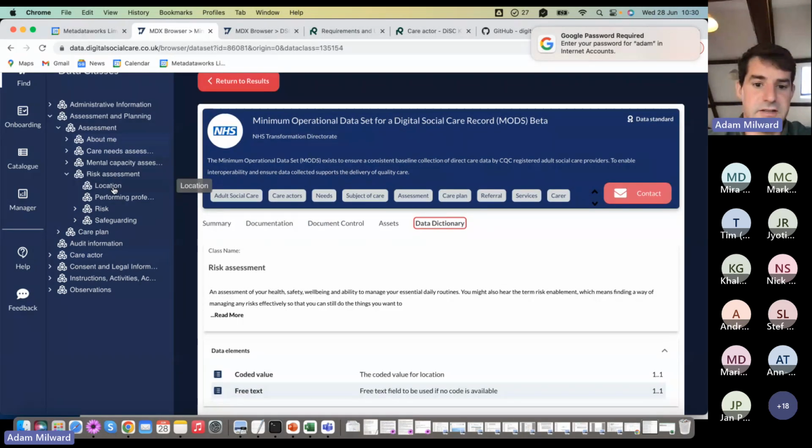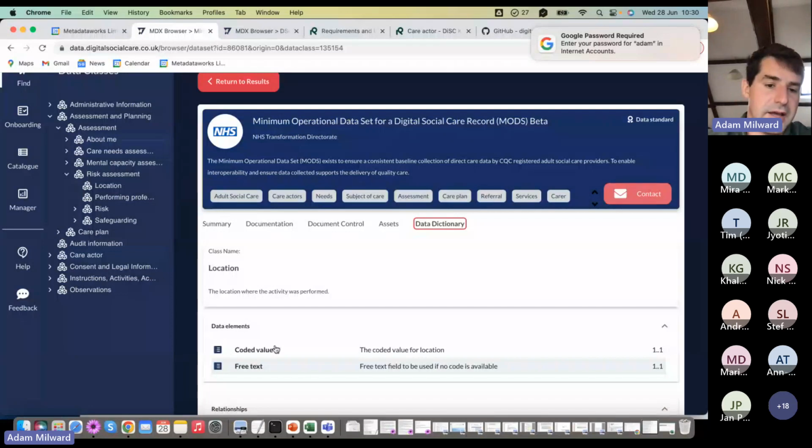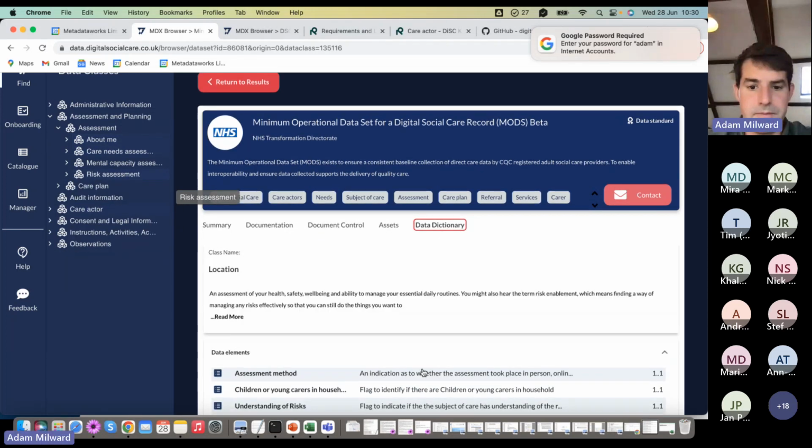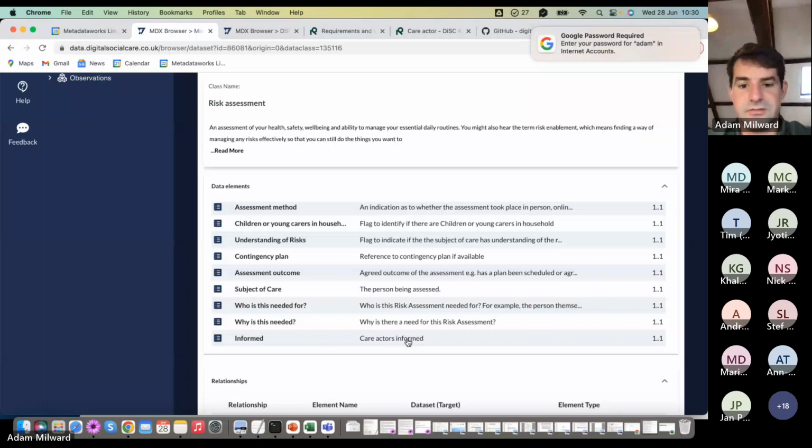Do we need the coding standard as well as the coded value? Should the performing professional be a link through rather than going through it? I think we wanted a bit more of a definition for informed, whether care actors are informed of the risk, which is probably needed.